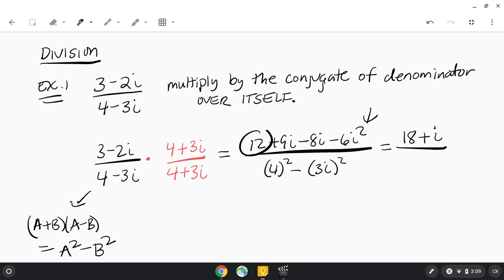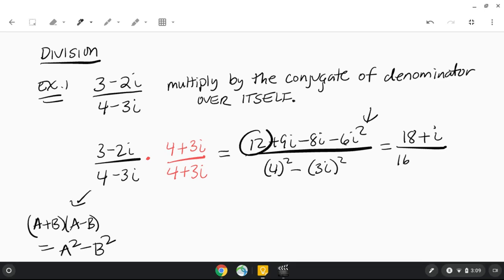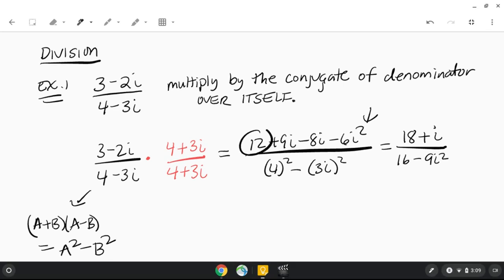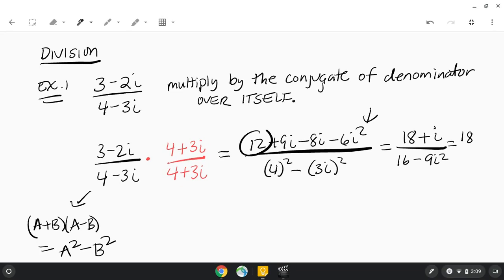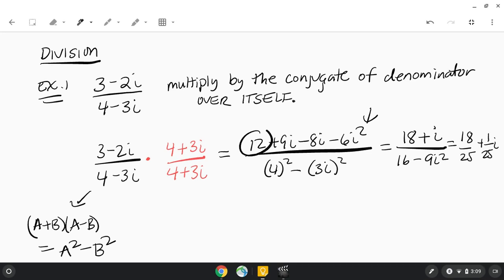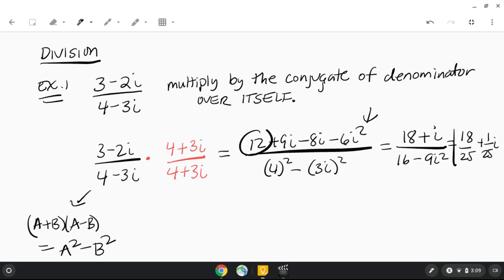And then down below, I get 16 minus 9i squared. i squared is negative 1, so that'll turn into a positive 9. So I end up with positive 9 and 16 is 25. I'm going to go ahead and separate them right now to get my standard form. And there's my imaginary part.